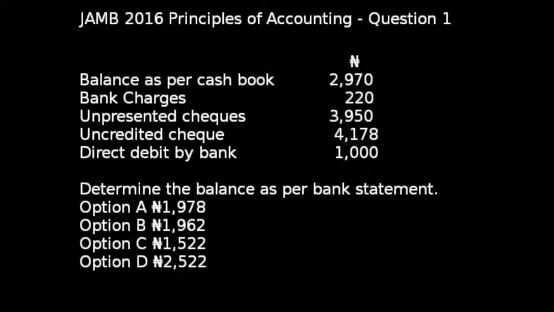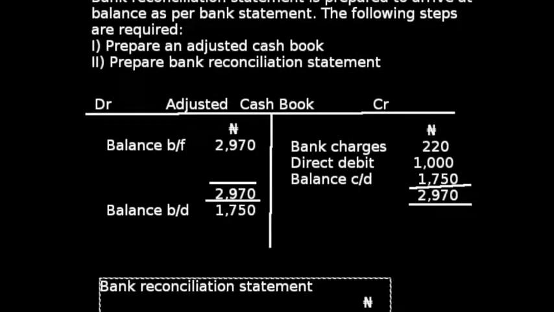Then immediately after that, we will extract our balance. That means total of debits, which is 2,970 naira, and then total of credits is 1,220 naira. Remember, in cash book, you need to add the debit side and minus the credit side.